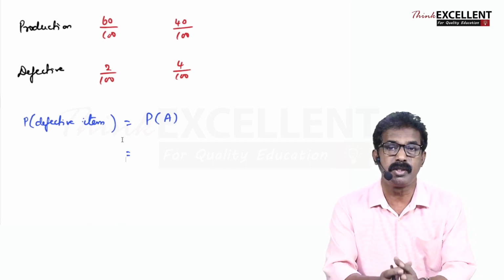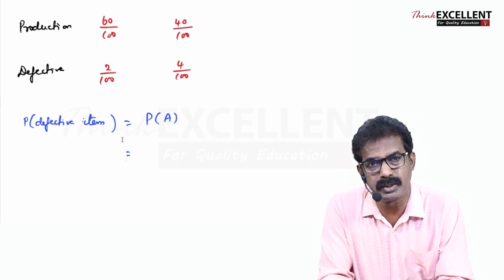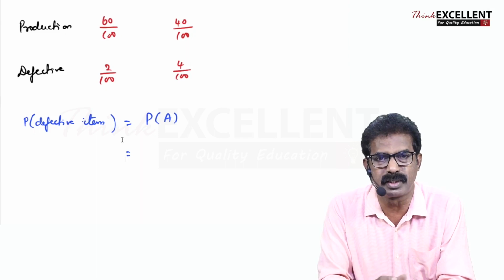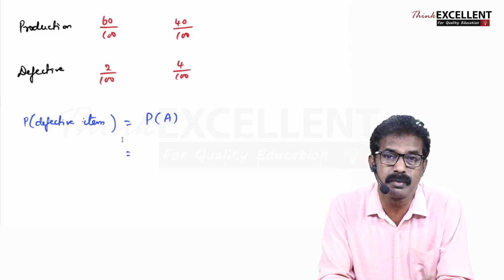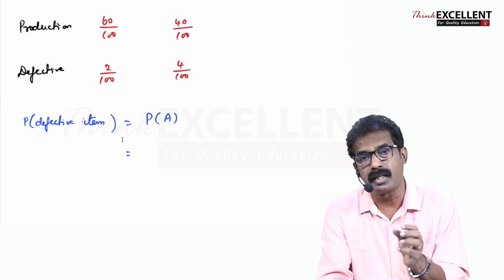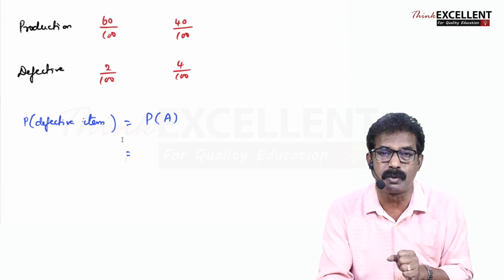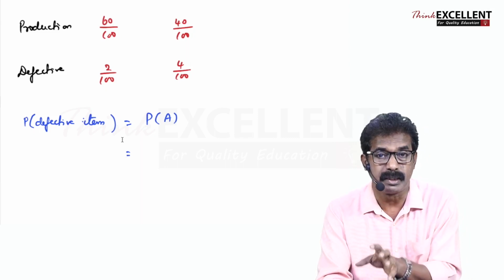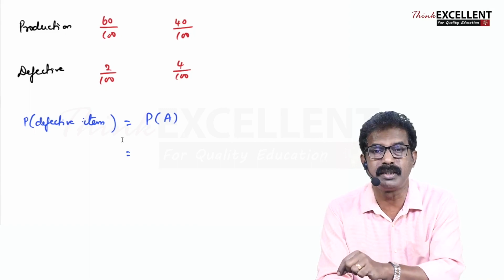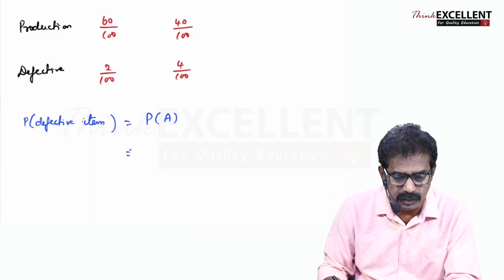A defective item is produced by which machine, machine 1 or machine 2? Both machines produce defective items, right? So there are two possibilities. Select the first machine and that first machine produces a defective item. Or means you have to put plus. Second machine and that second machine produces a defective item. Please listen.